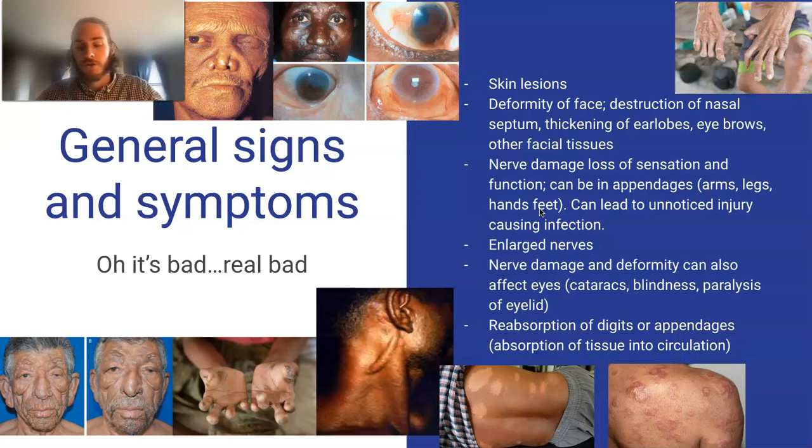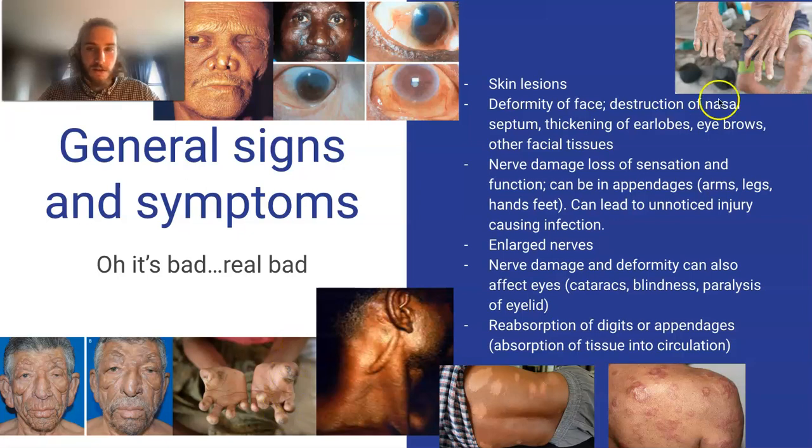But basically, you're going to get peripheral nerve damage, which is anything other than the brain and spinal cord. And so you can get loss of sensory function, loss of mobility. You can't move these joints as well, or you can't move them at all, and you can't feel things anymore because those nerves are damaged. Because of this, the body will sometimes reabsorb the digits or appendages, which is what you can see here.